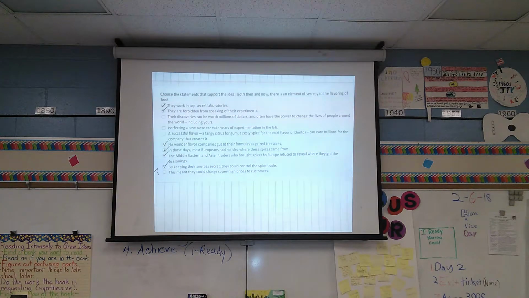Bring that support to this test. Does it really prove my main idea? And you might realize, like Oliver did, that some of the information he had pulled was going to support his main idea, but it didn't.